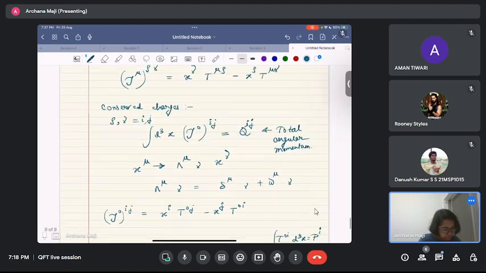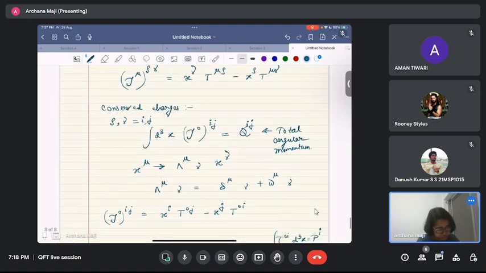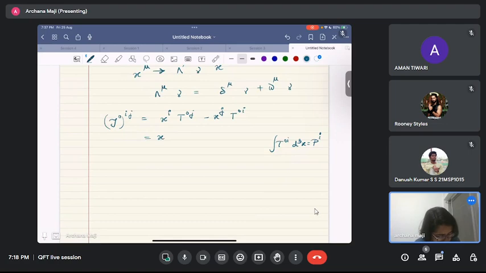So here this is nothing but xi times the momentum density, let's call it pj, minus xj pi.